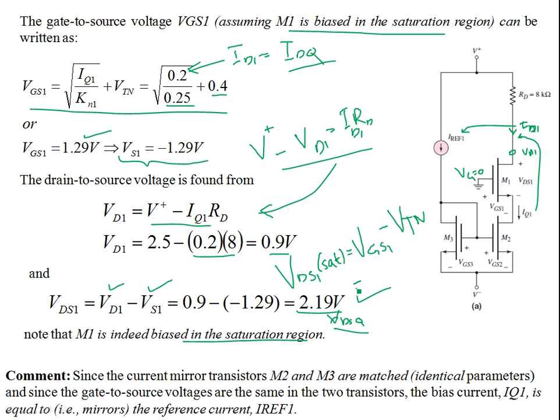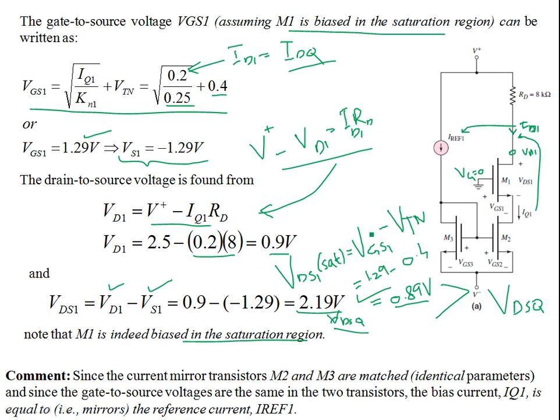So this is 1.29 minus 0.4, and this comes out to be 0.89 volts. This is the point where the transition occurs. But your VDSQ, 2.19 volts, is greater than this value, which means the transistor is indeed biased in the saturation region.